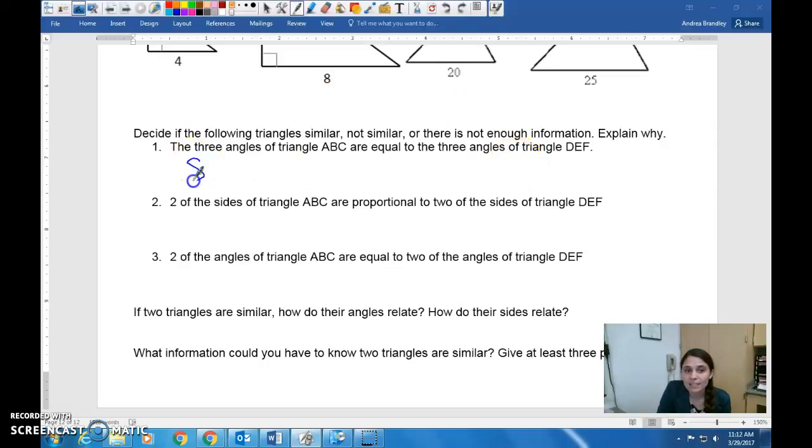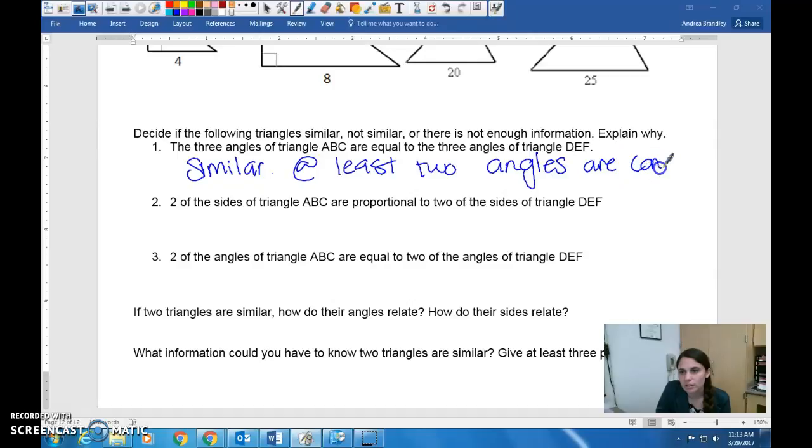Well, this one I can say yes, these have to be similar because at least 2 angles are congruent, or are the same, or are equal. And if at least 2 angles are congruent, then I can say that it's similar by the angle-angle test or the angle-angle theorem.